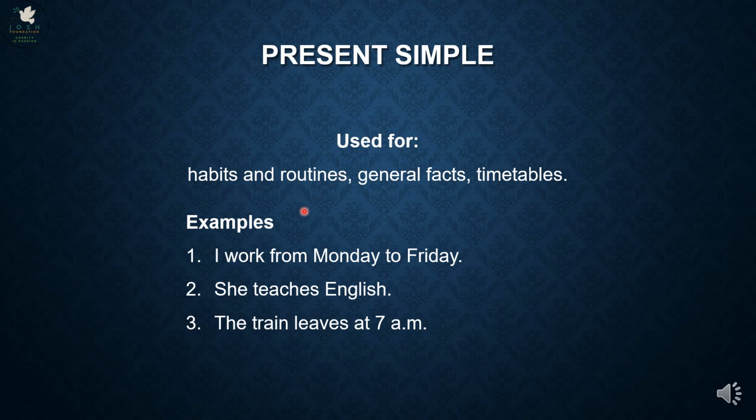How does it work? For example, I can say I work from Monday to Friday. She teaches English. The train leaves at 7 a.m. Remember, when we reach on subject he, she, it, we add s or es to the verb. Like here we have added es, here we have added s.